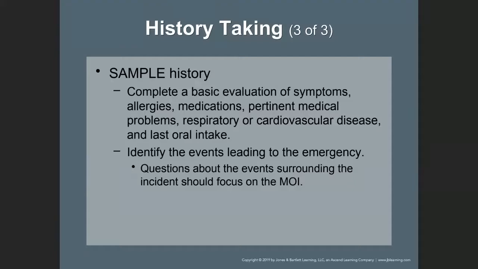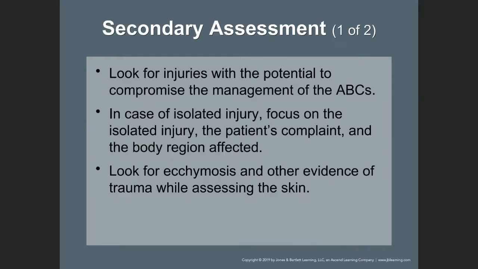If you're not able to obtain information from the patient, or gather appropriate information from bystanders or family members or friends, then it is important to check pupils, check blood sugar, and pay attention to pulse oximetry and end-tidal CO2 values for this patient.